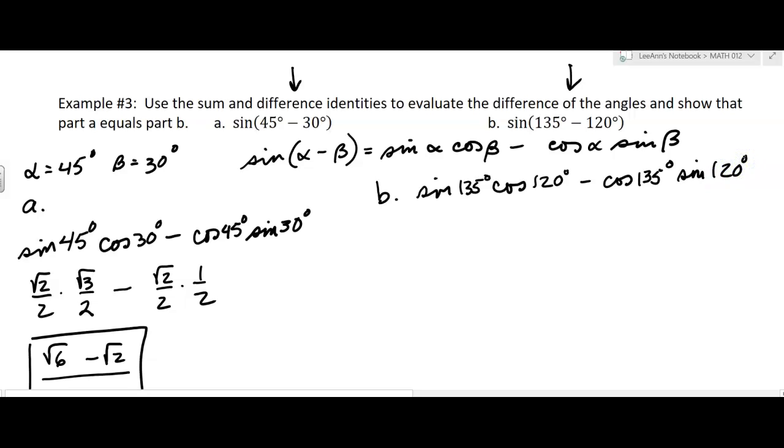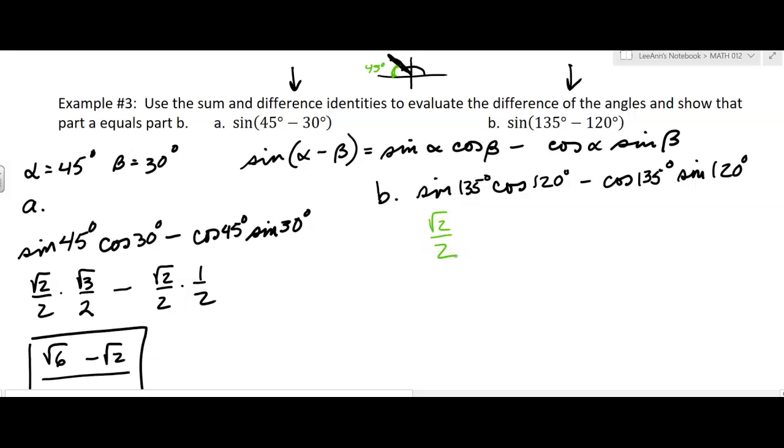Okay, now where's 135 degrees? Well, it's going to be over here in the second quadrant, right? But the reference angle is 45 degrees. Sine is positive in the second quadrant, so my sine's going to be positive. So this is going to be the square root of 2 over 2.